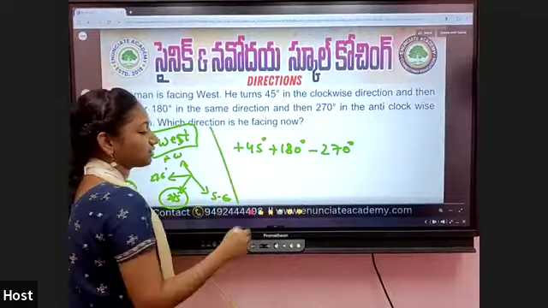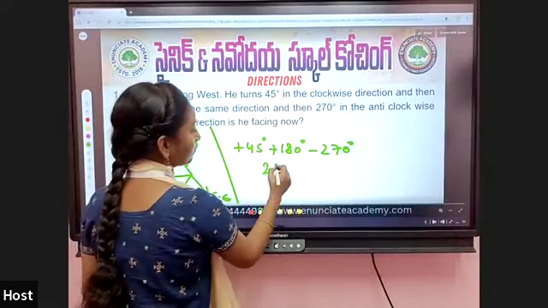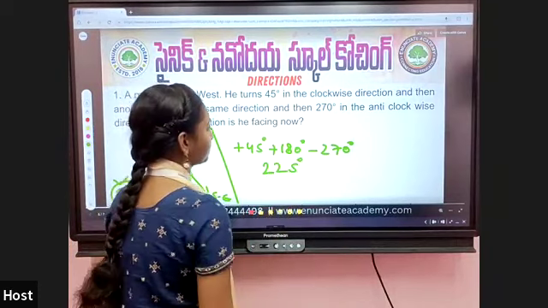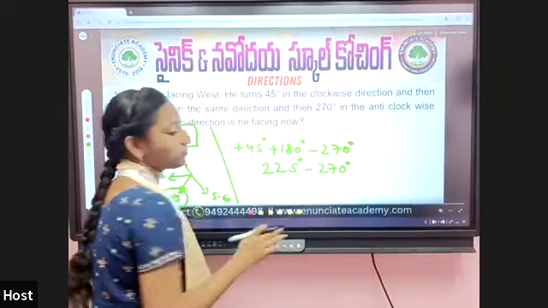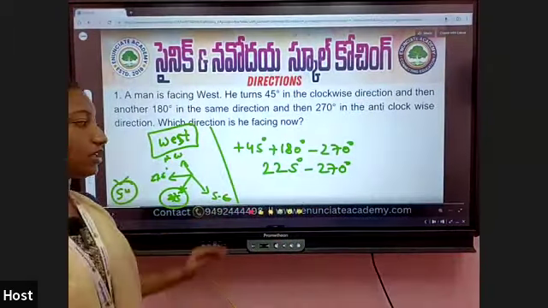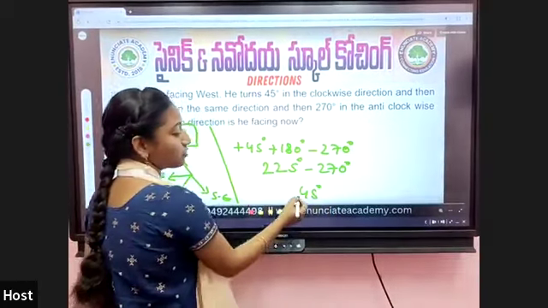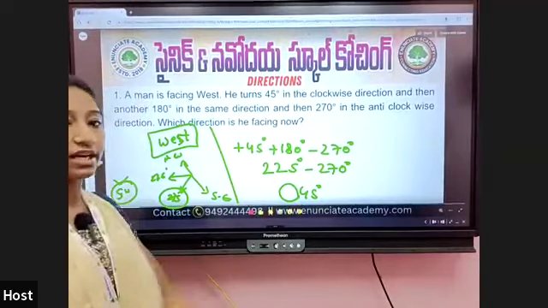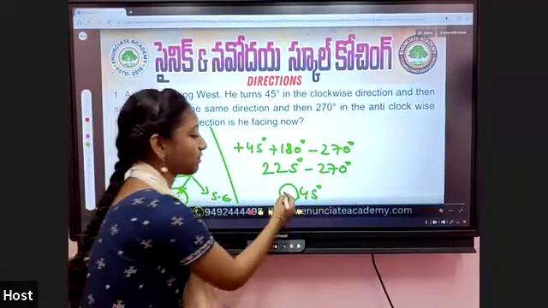Let us do this process. So 180 plus 45 is 225 degrees, minus 270 degrees. We should do 225 minus 270, how much? Minus 45 degrees. Here we should keep plus or minus: small number minus big number, the value is minus.